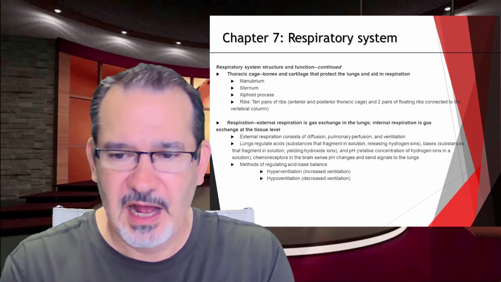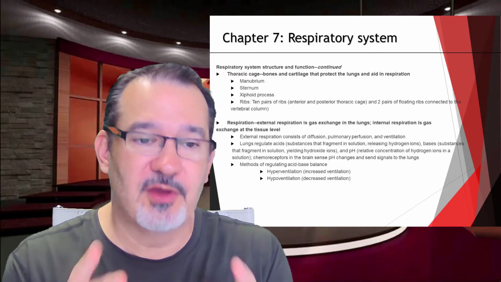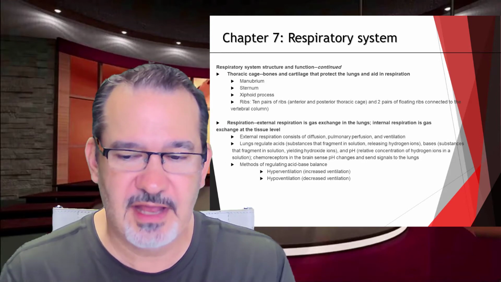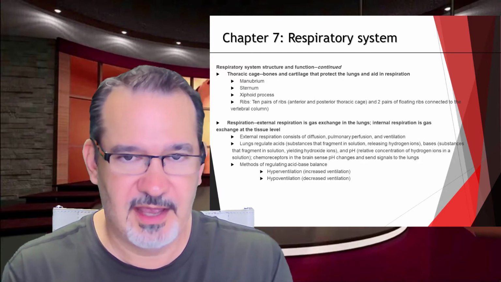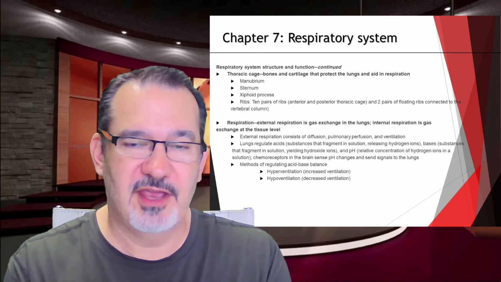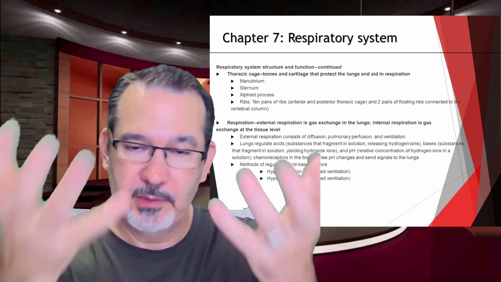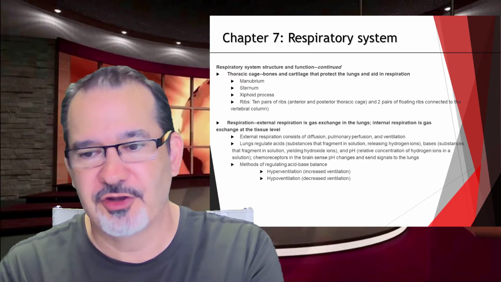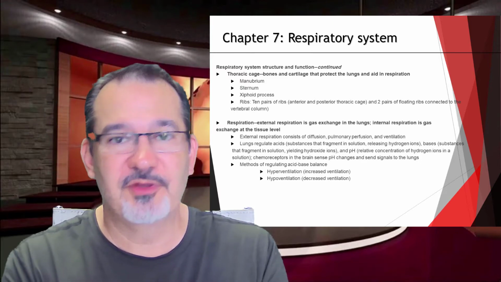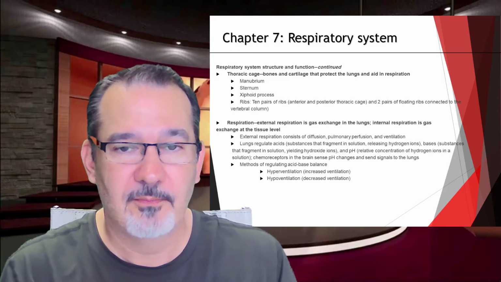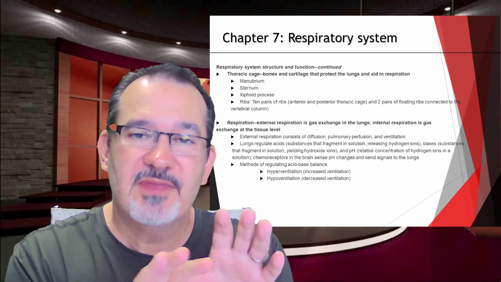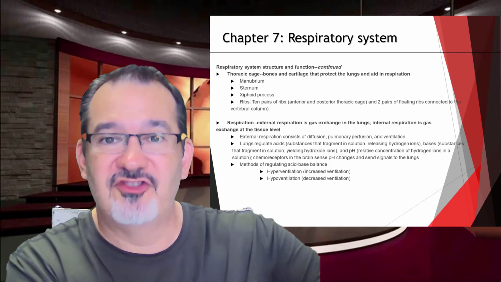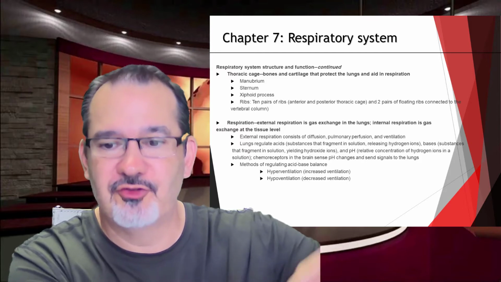Okay. Respiration occurs in two different forms: external respiration and internal respiration. External respiration is when we take oxygen from the outside, when we breathe in oxygen. External respiration refers to a gas exchange between inhaled air and blood, whereas internal respiration refers to gas exchange between blood and tissue, or tissue fluids and tissue cells.